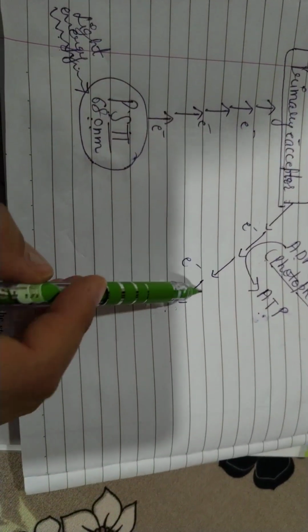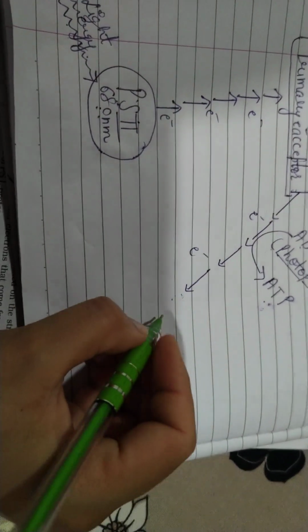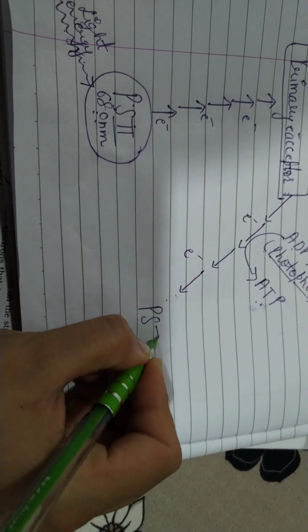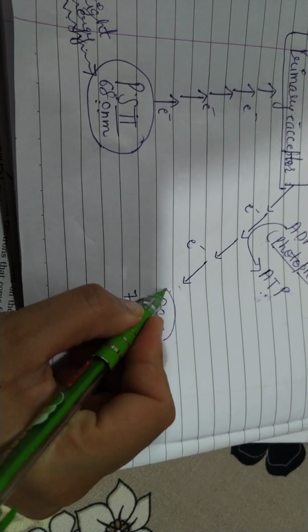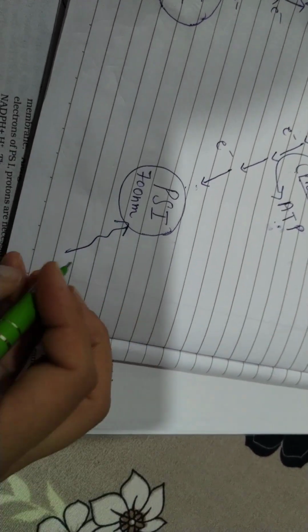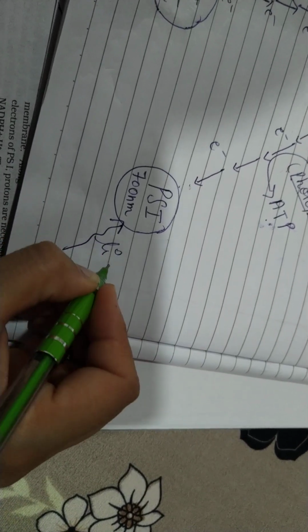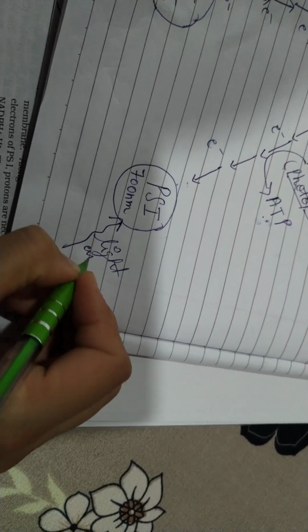Now these electrons which are coming back will come to photosystem 1, which absorbs at 700 nanometer. This is also illuminated by light. Light energy is coming here as well.